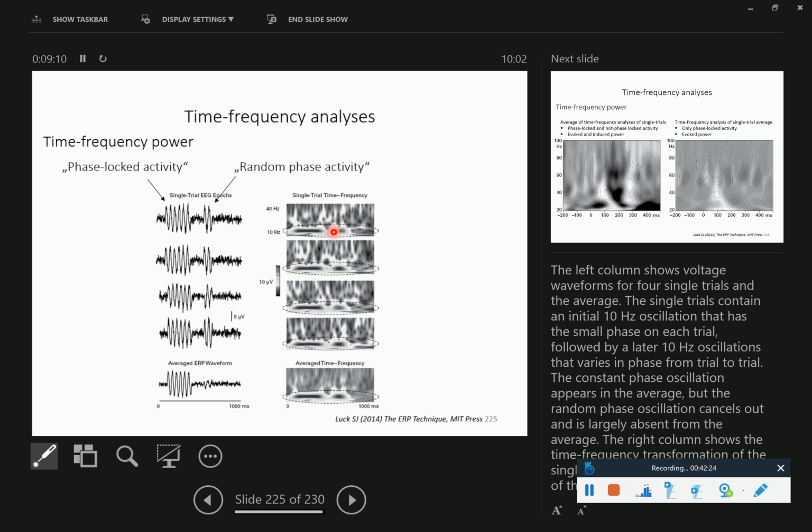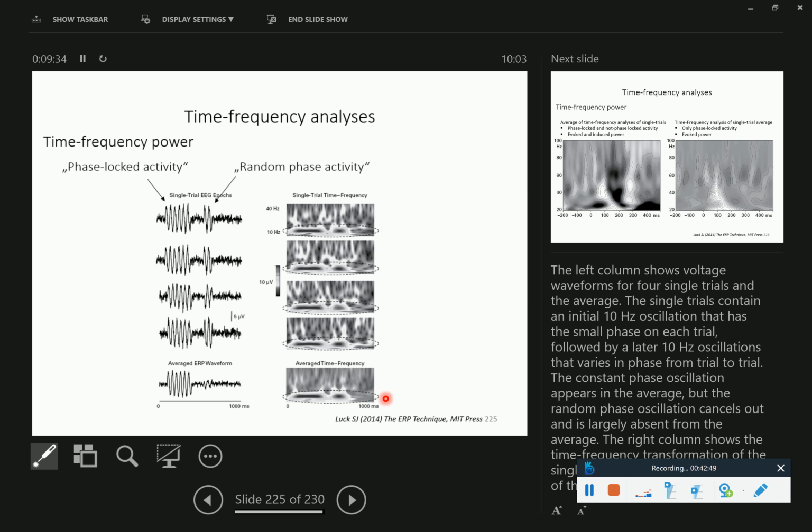Now, if you average these time frequency decompositions, which all have some power at this point in time, let's say 600 milliseconds, then you obtain induced power.